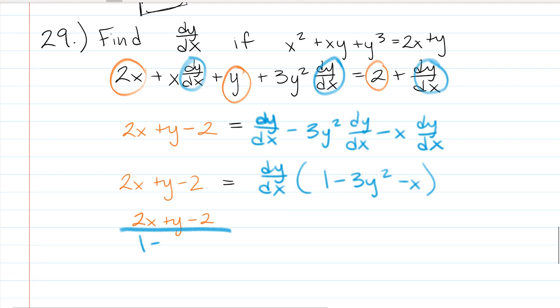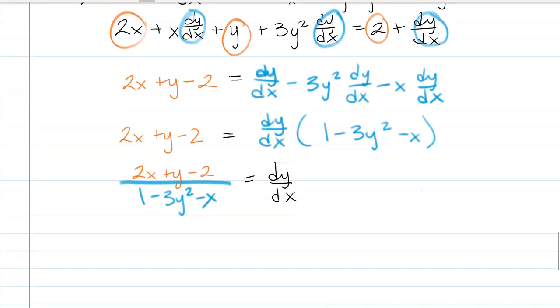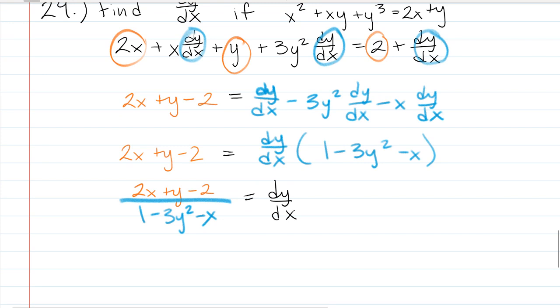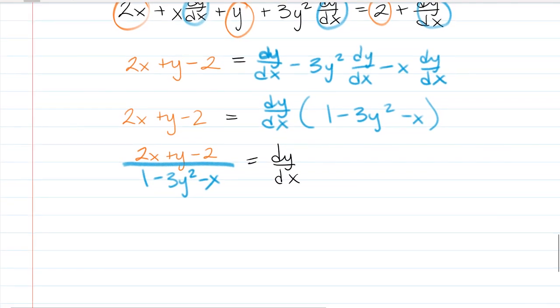So 2 minus 2x minus y over 1 minus 3y squared minus x is equal to dy dx. And all of their answer choices start off with a positive 2 in front.